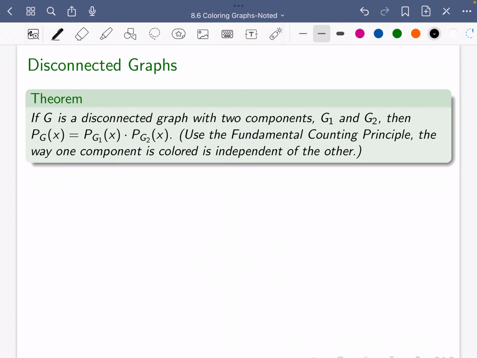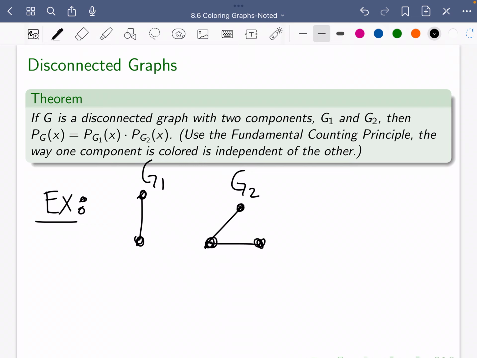So here, as a quick example, if our first graph, G1, looks like this, and our second graph, G2, looks like this, then the polynomial associated with G1 is x times (x minus 1).